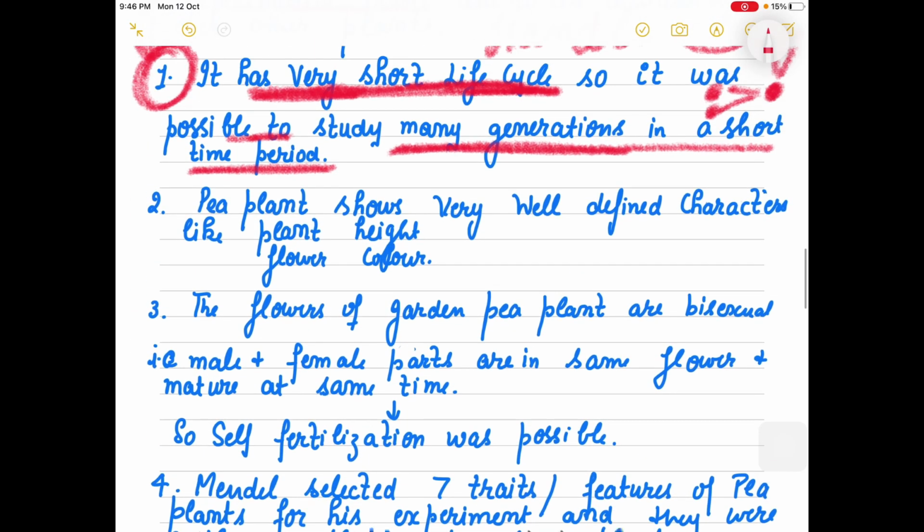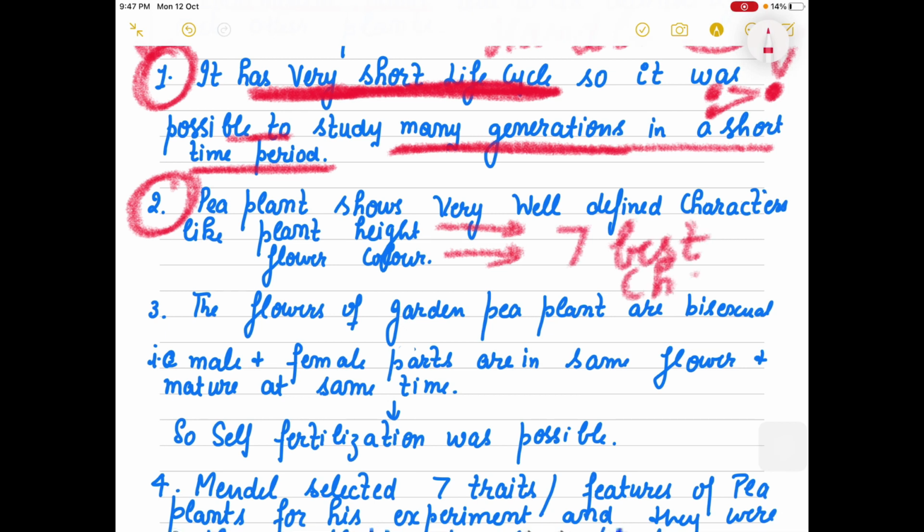So he took this pea plant because of its short life cycle. Then this pea plant shows a few very well defined characteristics, like height was very well defined, flower color was very well defined. So he chose 7 best characters of this pea plant for his work.